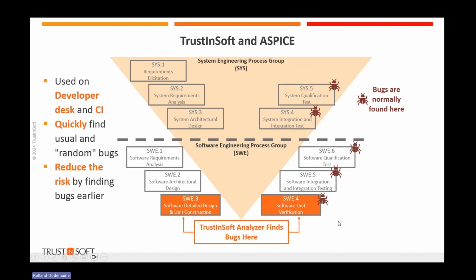However, because TrustInSoft Analyzer can help go to the bottom of your code, it will also allow you to investigate the corner cases of your code and find also the ones that would be found at the end, when your software is deployed in the cyber physical system in sometimes unspecified situations, and these could be detected here at the software unit verification or integration verification.